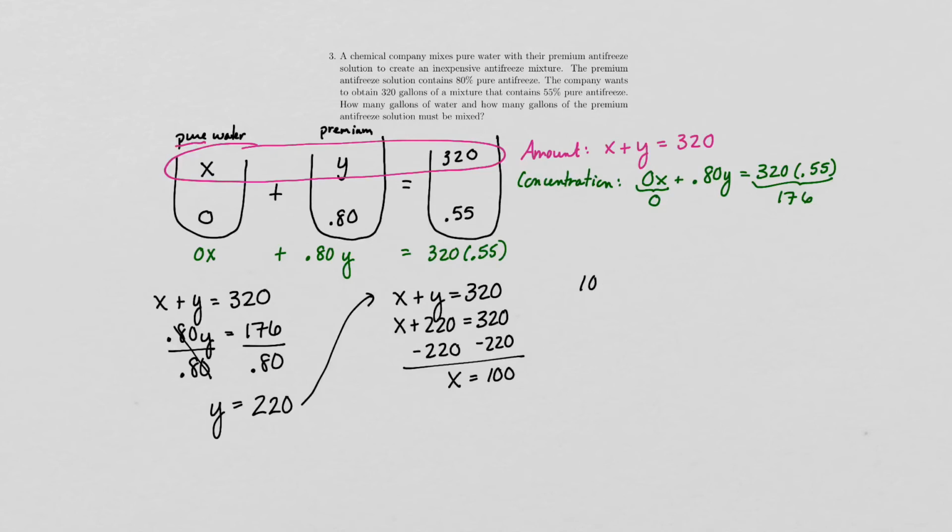So we need 100 gallons of pure water, and we need 220 gallons of the 80%. So this one's a little different. The thing that's different about it, again, is this 0. But if you set it up in these buckets, the way that I do these problems, you're not going to go wrong.